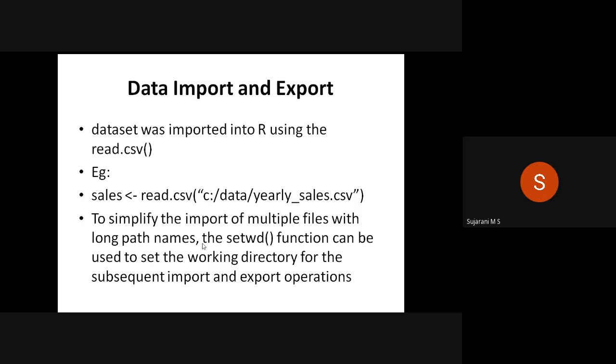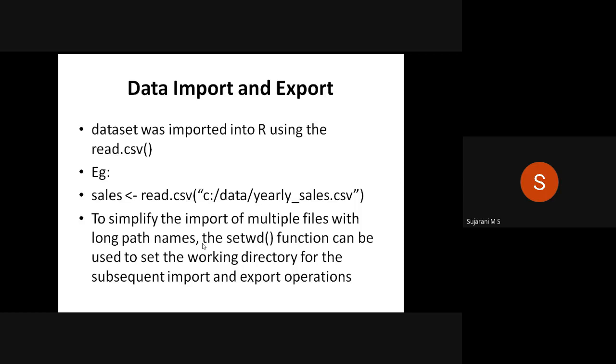To avoid this, we can use the function setwd. Setwd is set working directory. If we provide set working directory before read.csv, then we only need to specify the file name, not the entire path. For the first example, we saw sales, arrow mark, read.csv, and an entire path name.